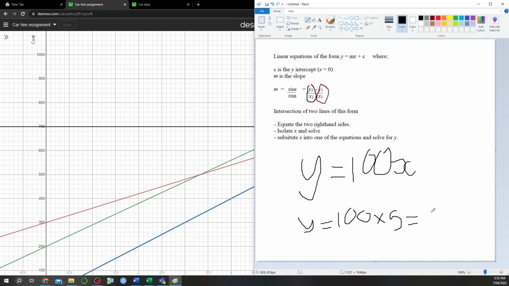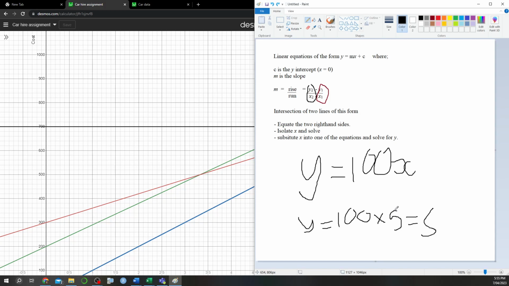If it's 5 days, it will be $500. Although that's kind of trivial because you already have all this on your data table. You can just go back to your data table and say, here's the cost on day 5, and this one's the cheapest. So that's kind of trivial.